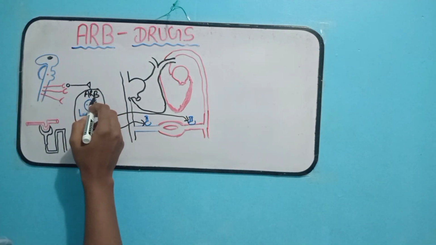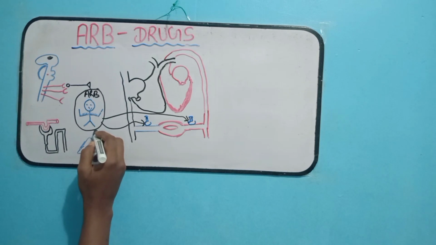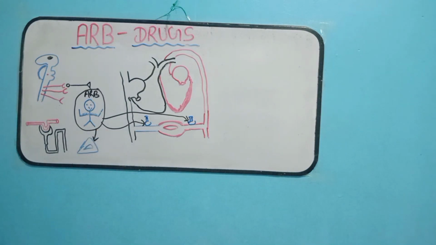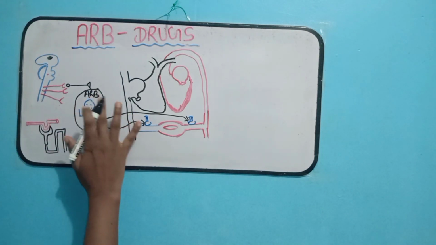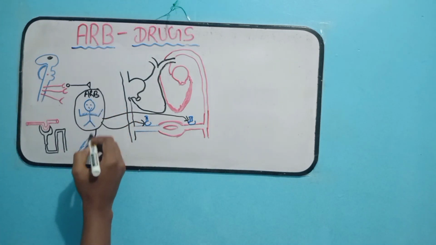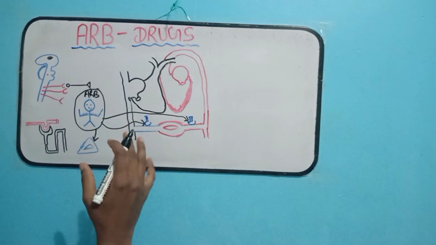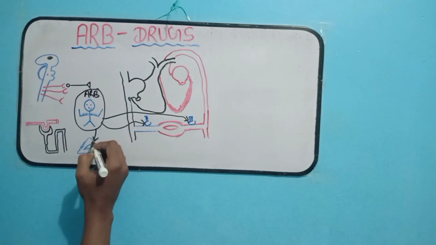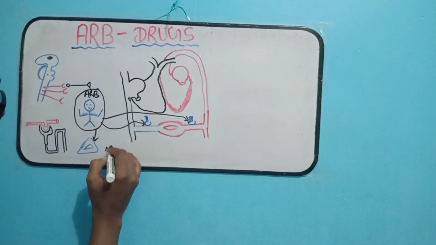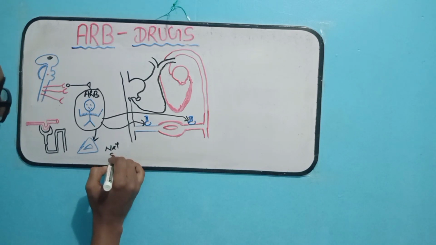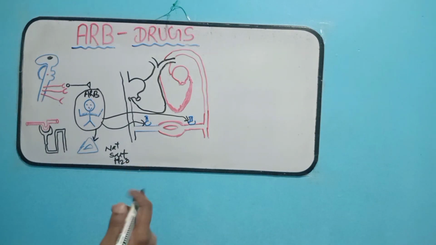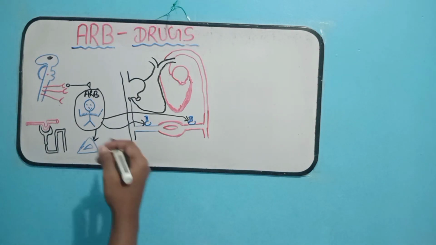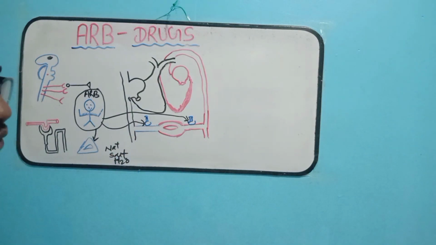This angiotensin receptor blocker also works on the zona glomerulosa. As I discussed before, when the angiotensin receptor gets activated, sodium ion, salt and water retention occurs, and that leads to an increase in blood volume, and that causes an increase in blood pressure.